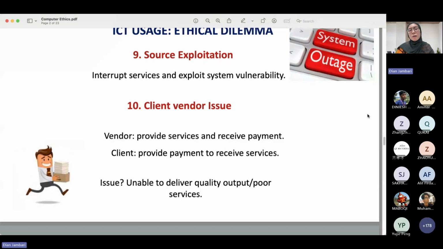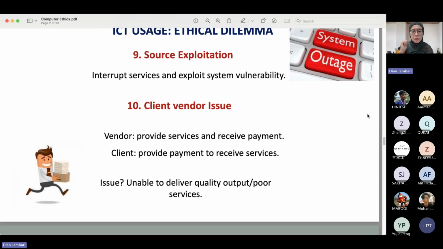Okay, so we can be caught in this ethical dilemma in the case of when there are issues between clients and vendor, and it can be in two ways depending on the role that we are in. So if we are the client that is receiving services or products from a vendor, an ICT products and vendor, there are certain expectations, and if the vendor does not meet that consideration, then we are in the ethical dilemma. How do I respond for this ethically?